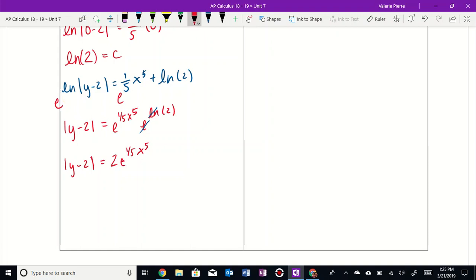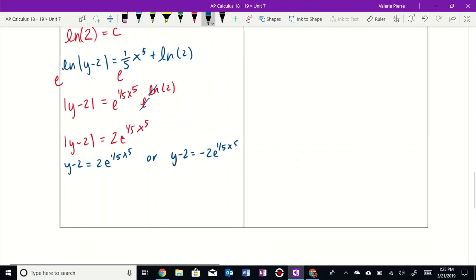We can either look at y minus 2 equals 2e to the 1/5 x to the 5th, or y minus 2 equals negative 2e to the 1/5 x to the 5th. We're going to solve for both and just check to make sure they work.